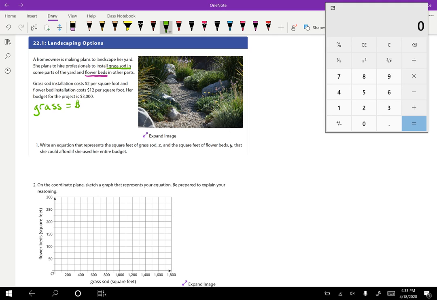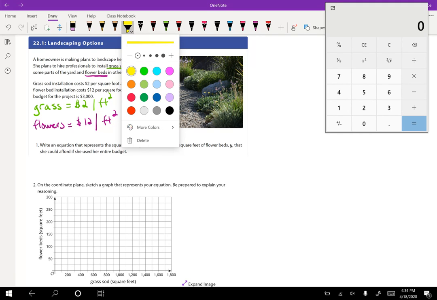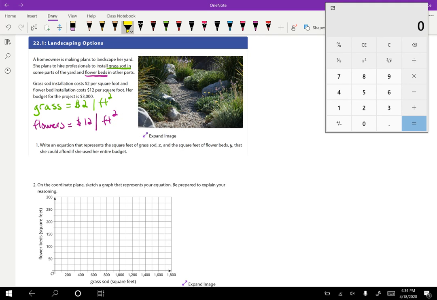That's $2 per square foot, that's feet squared. And then the flowers are going to be $12 per square foot. And the important thing to remember in here is that her budget for the project is $3,000. So we do not want to go over $3,000.